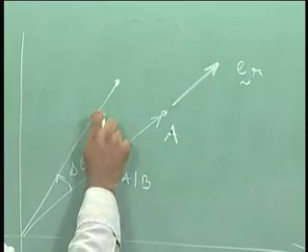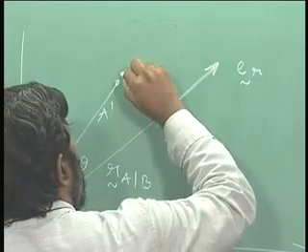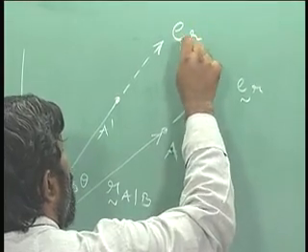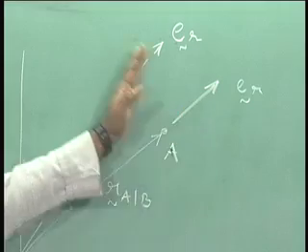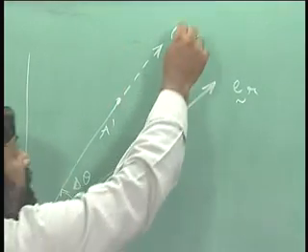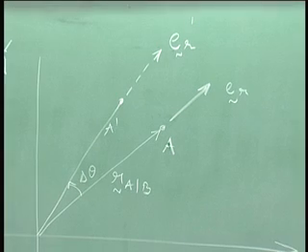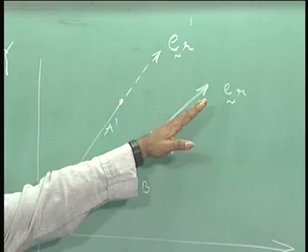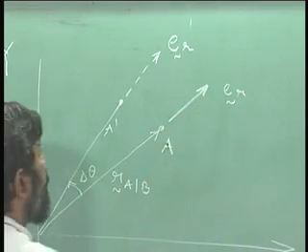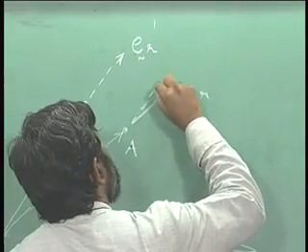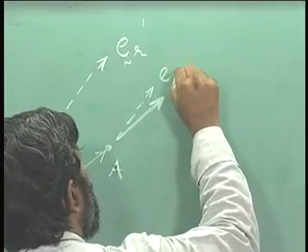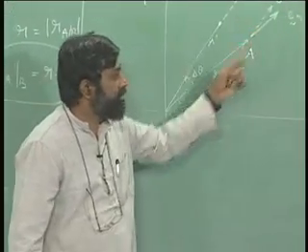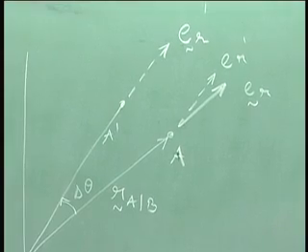Let us say this is A prime as we have discussed earlier. You find that ER is now shifted in its direction. Let me put it as ER prime. If I superimpose the directions, I will find that this direction is like this. Do you agree with me? And what is the angle between these two? It is delta theta.